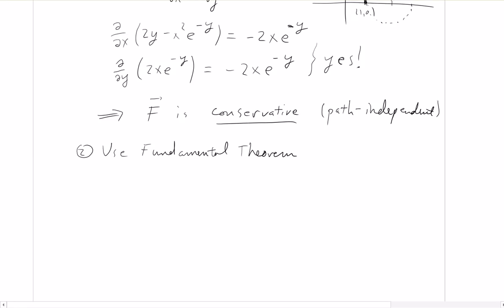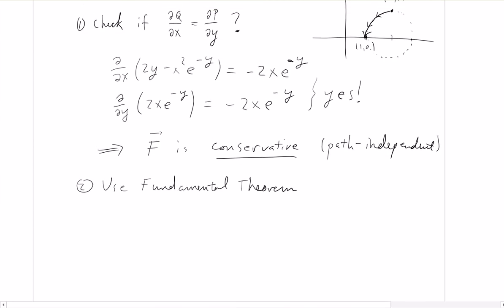So, the fundamental theorem says that the integral along a curve of a conservative vector field, which means that it's the gradient of some function, is just equal to f at the endpoints, and you subtract.